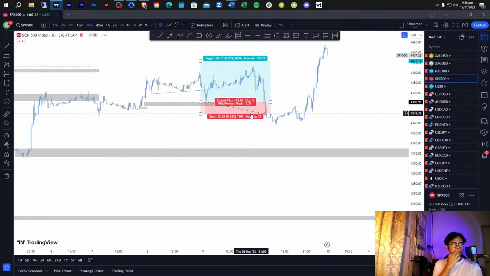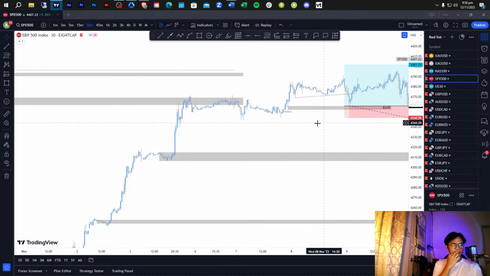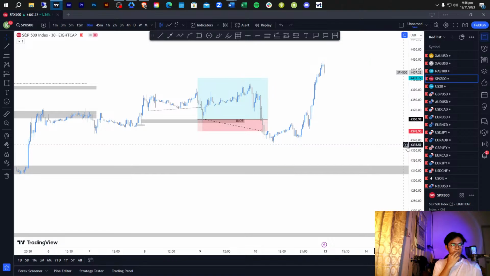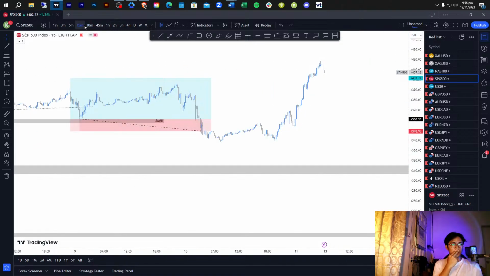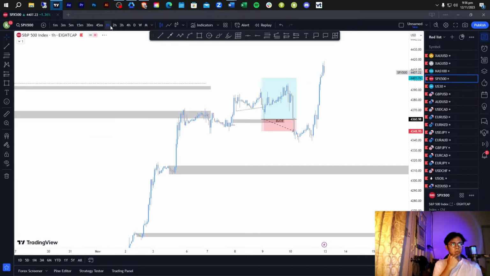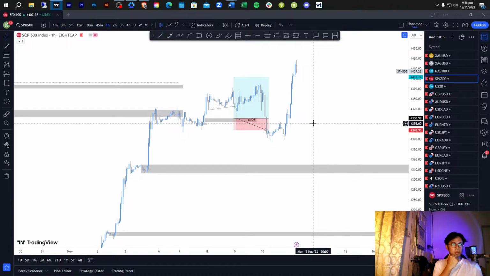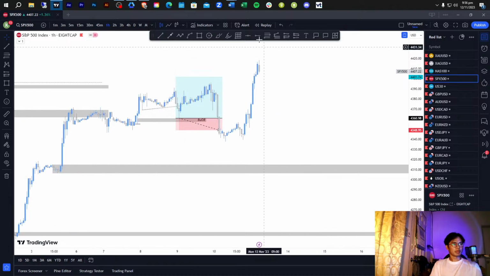And let's look if there's... Here's the demand zone.